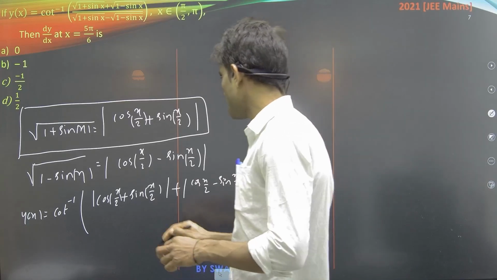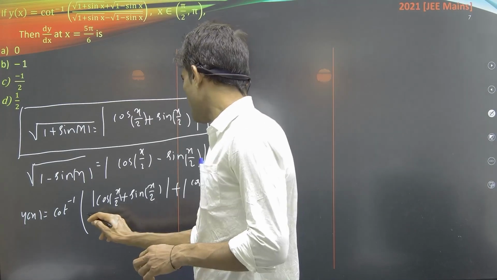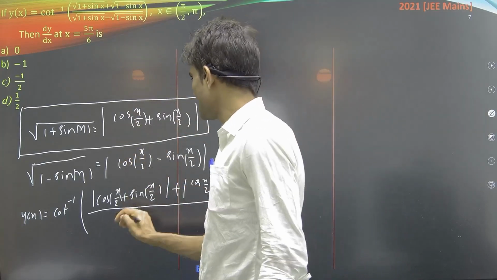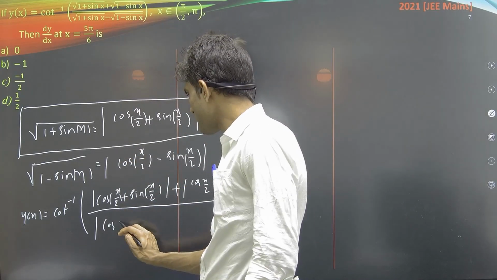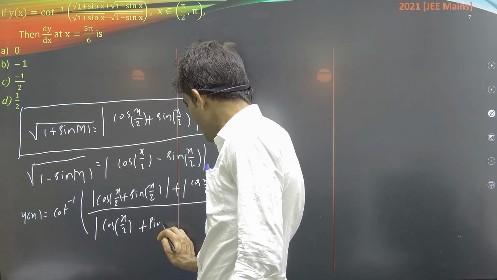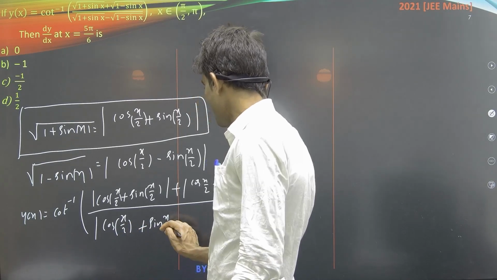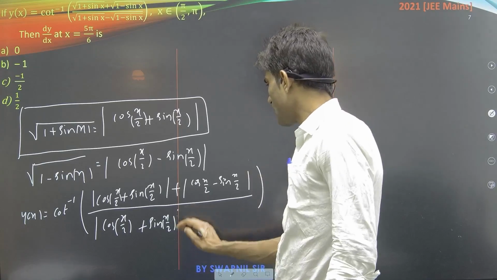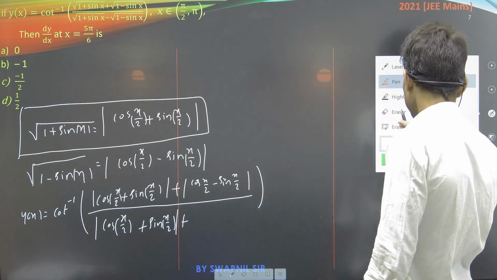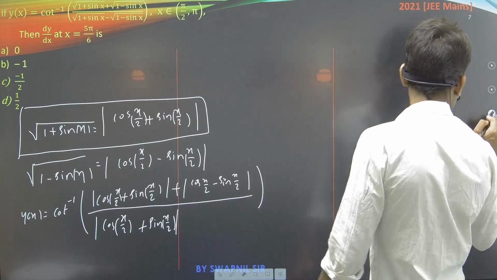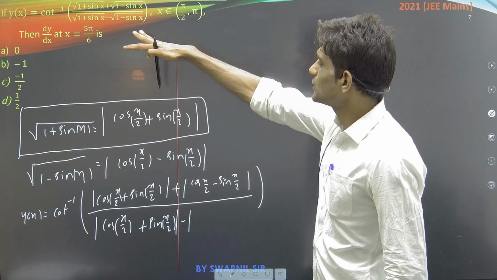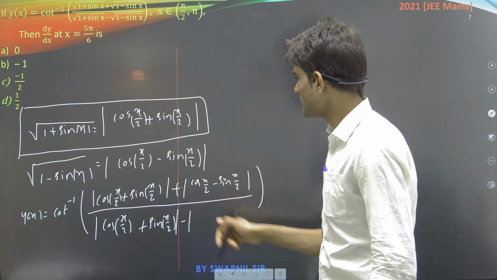Now as the part of denominator, cot inverse of the given function. Square root of 1 plus sin x, substitute the value cos of x by 2 plus sin of x by 2, under modulus. Plus, given as the part of negative, so in the denominator there is a negative under modulus: square root of 1 minus sin x, having value cos x by 2 minus sin x by 2.